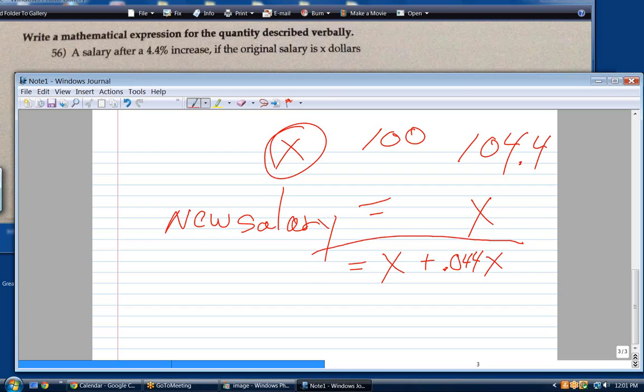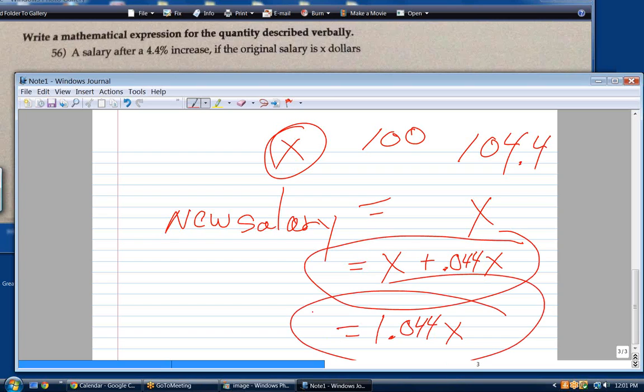So that's the new expression, but I can combine that because I have X terms. So that's 1.044X. This is the answer they're going to have in the book. Because you're adding one, okay. I'm adding 1X and 0.044X.